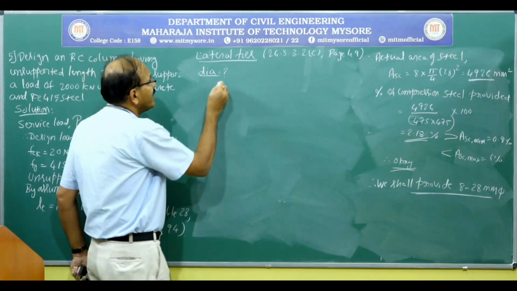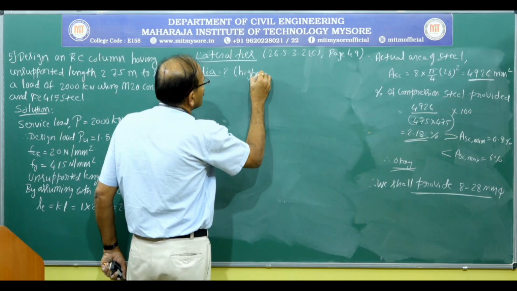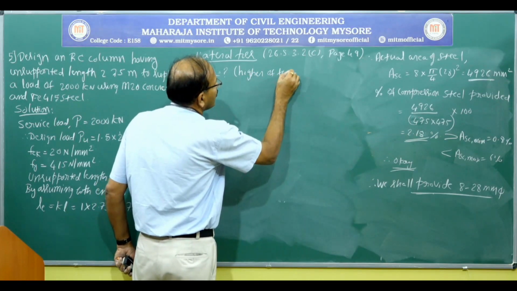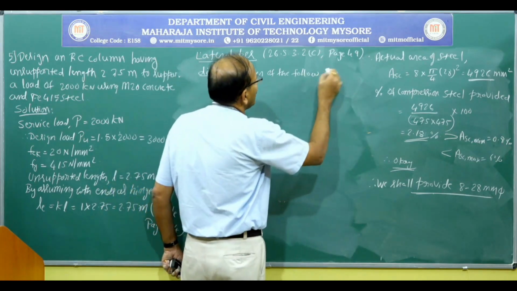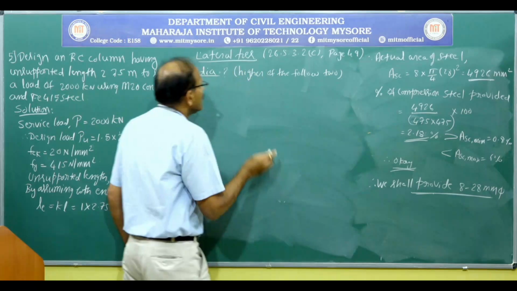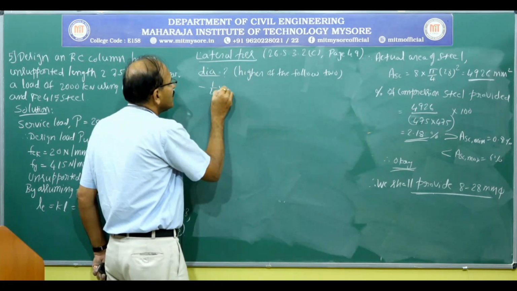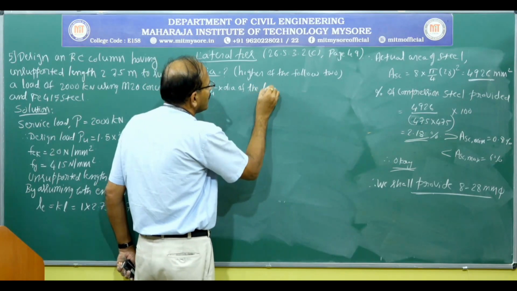The code says the dia should not be less than the following two. So one is 1/4 the dia of the largest bar.